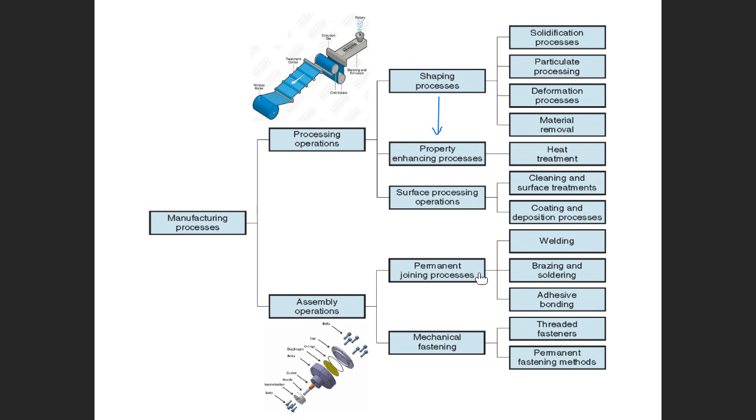Next is mechanical fastening. For mechanical fastening we use, like here, bolt and nut. We use a bolt and nut to assemble the parts, so it is easy to assemble and easy to disassemble. Right. What is the difference?